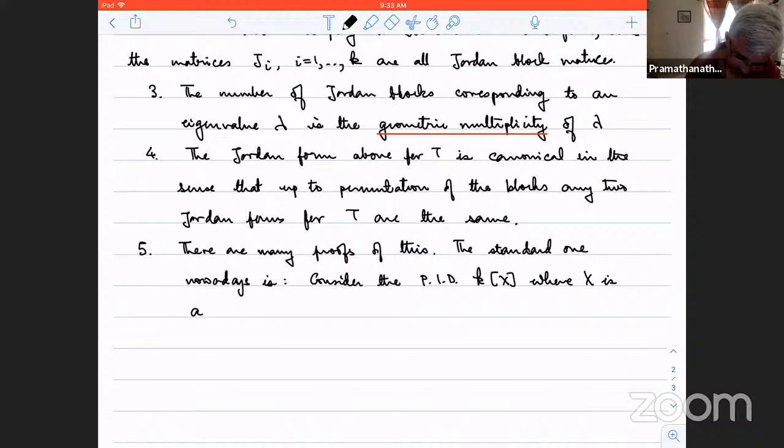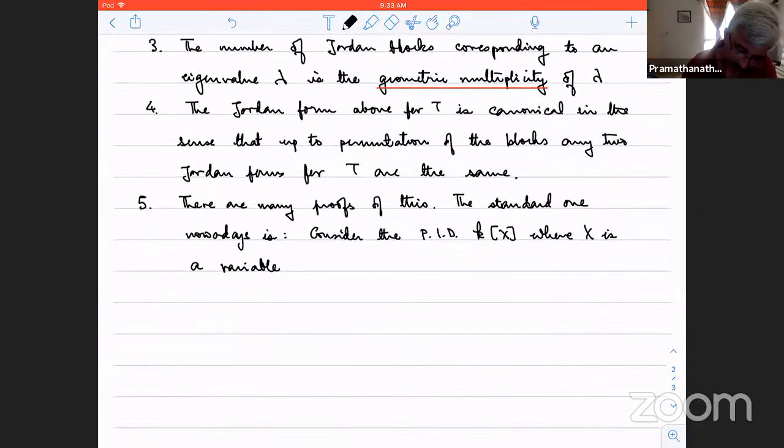By variable I mean it does not satisfy any algebraic equation. It's transcendental.